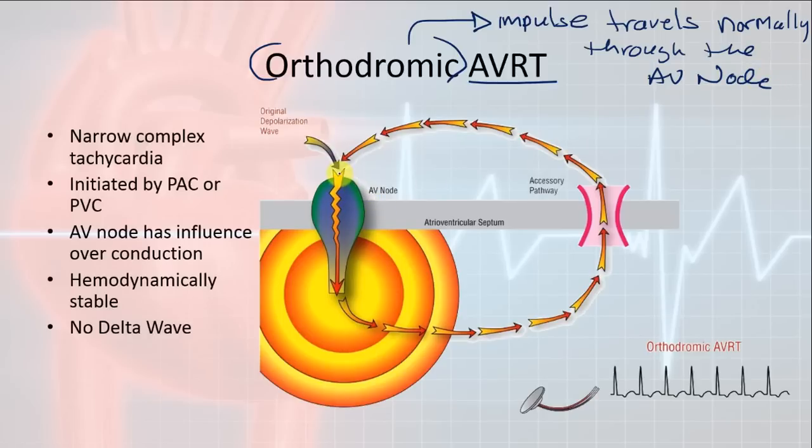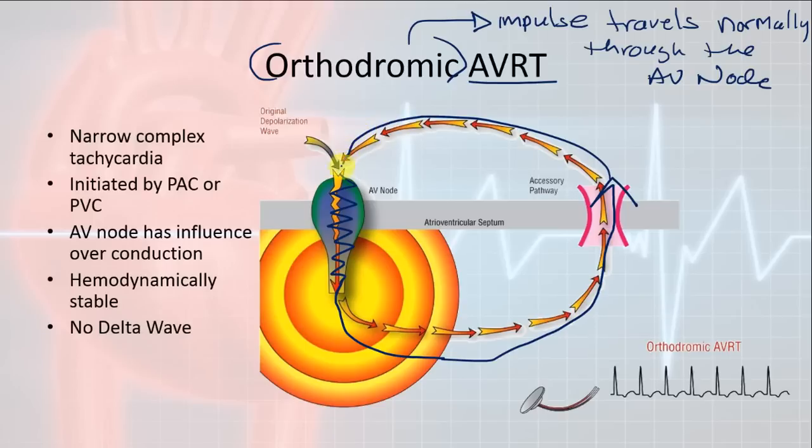So what happens is the signal travels normally through the AV node, gets through the AV node, travels down the superconductive pathways, and then the impulse will travel retrogradely through an accessory pathway, back through the atria, back into the AV node.